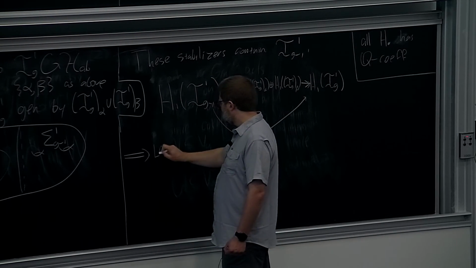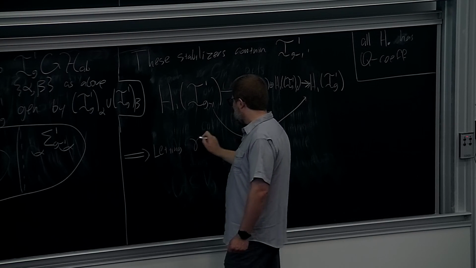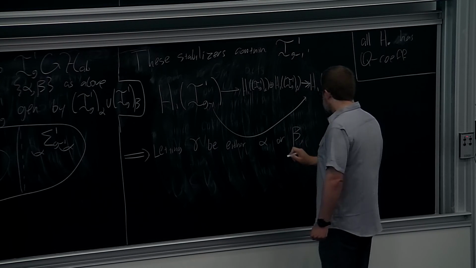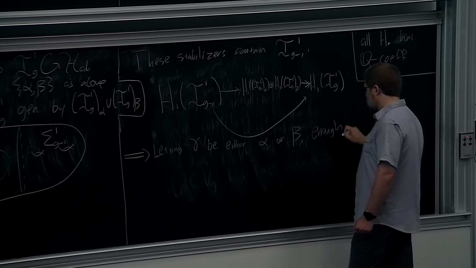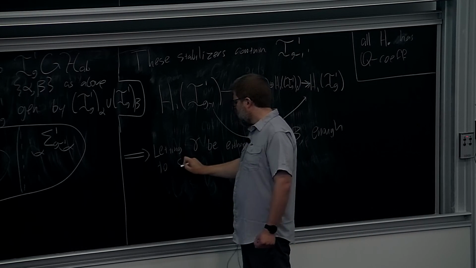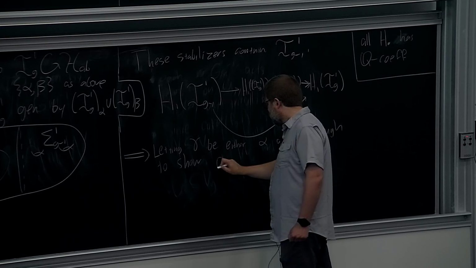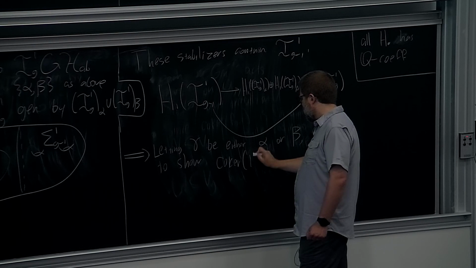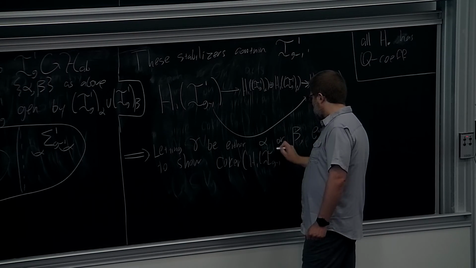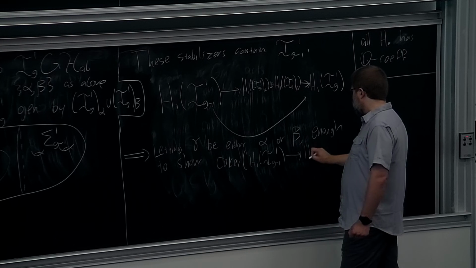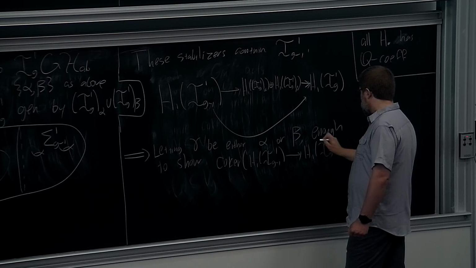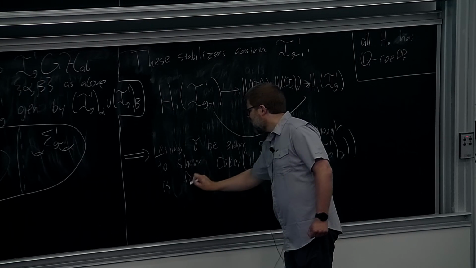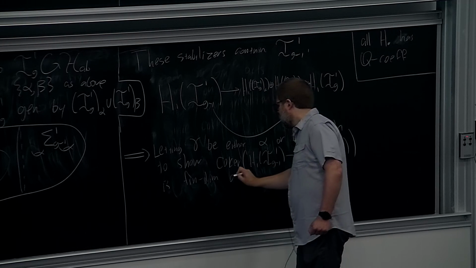What we see then is, letting gamma be either alpha or beta, it's enough to show that the co-kernel of the map from H1 of Torelli(g-1,1) to H1 of the Torelli stabilizing gamma is finite dimensional algebraic.